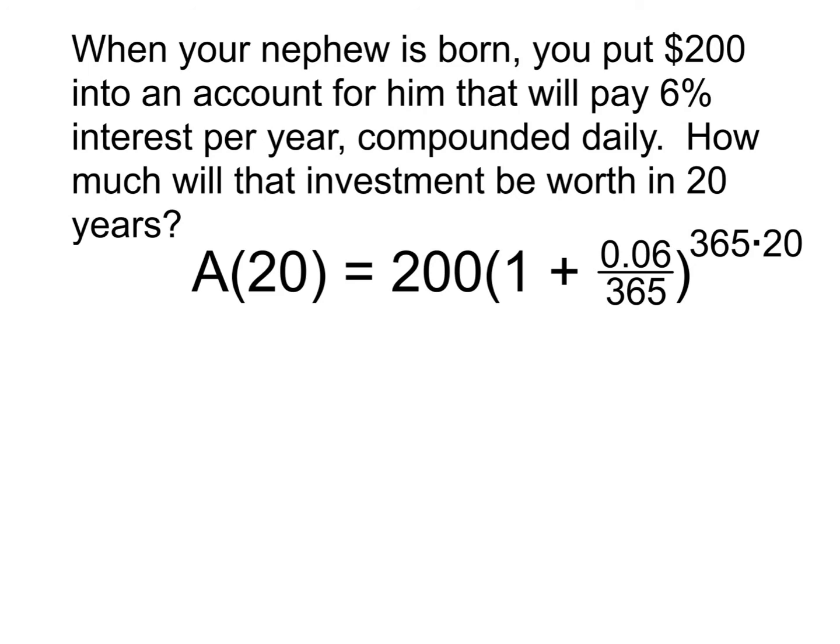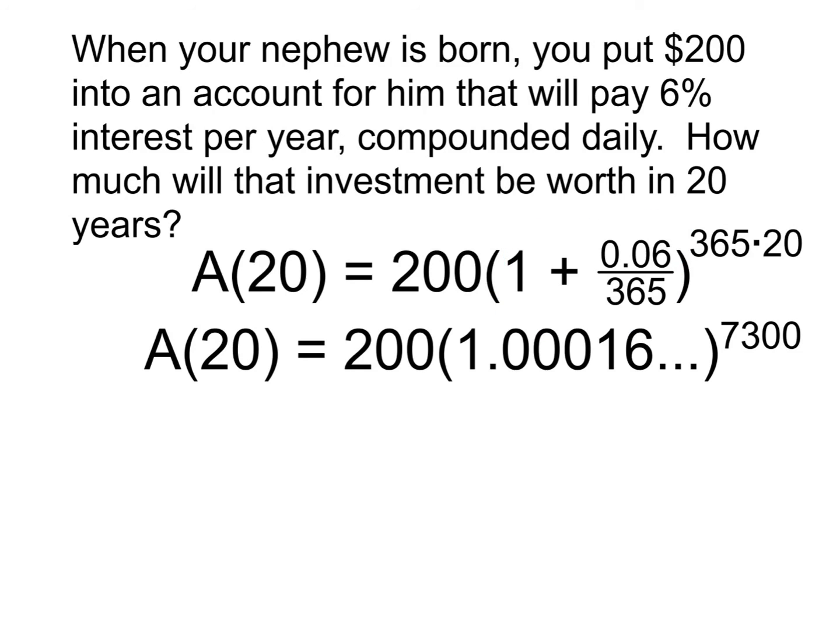So first up, when finding the value, we want to actually do the 1 plus this 0.06 over 365 and get that number. Now when we do that in this problem, it's not a really pretty number. In fact, it's 1.00016, and then that decimal just keeps on going on and on forever. When you go and do this calculation where you actually raise it to the power of 7,300, you are going to want to use that whole decimal.